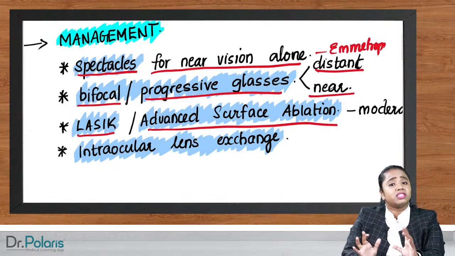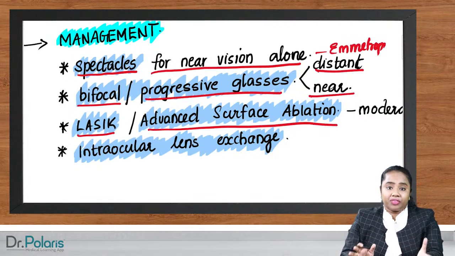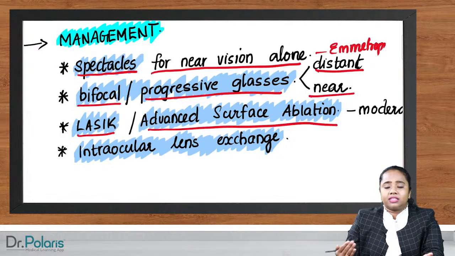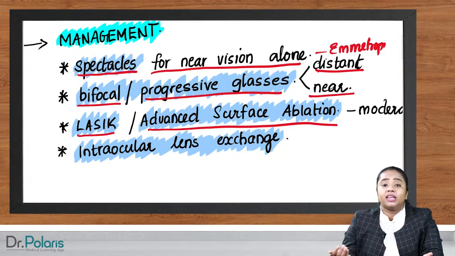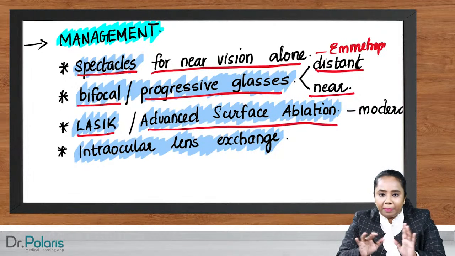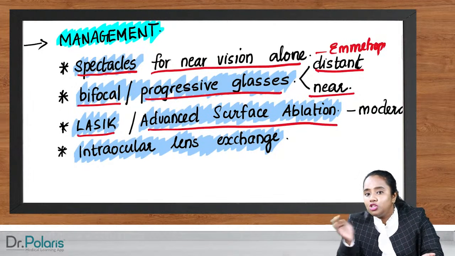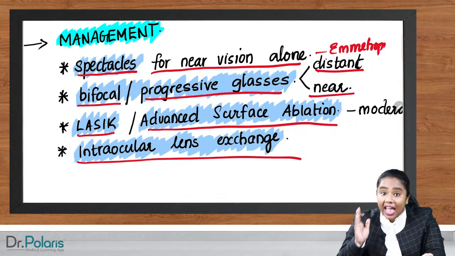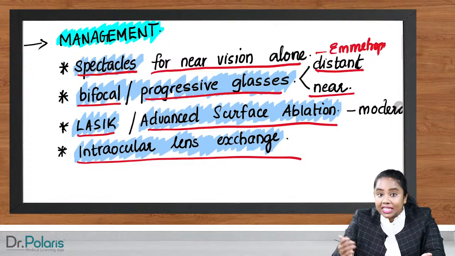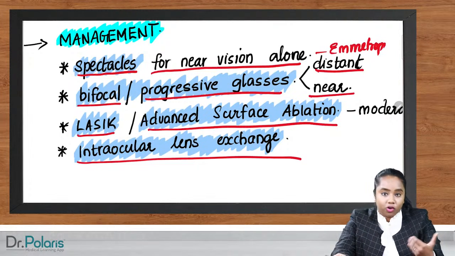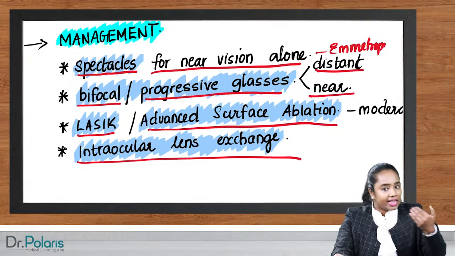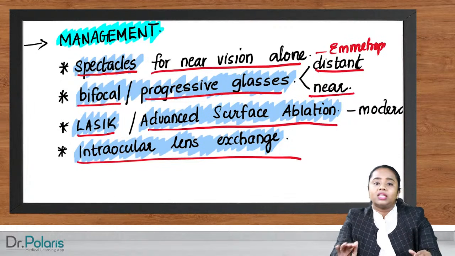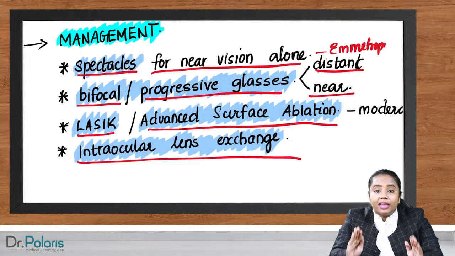And finally, if it is a very high grade refractive error with the implanted lens, then you have to go for complete lens removal and putting a new lens instead. So that is what is called intraocular lens exchange. It means the patient is having a lens of the wrong power, you want to take that lens out and give a better lens of the right power to the patient. So that is what is called intraocular lens exchange.